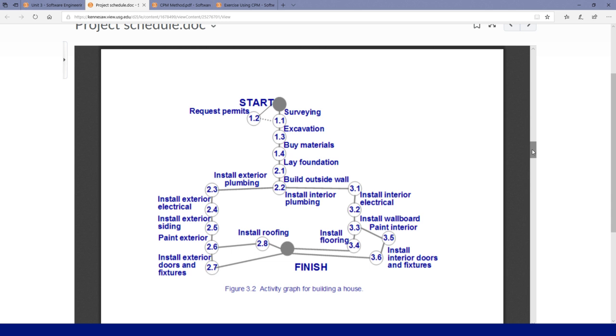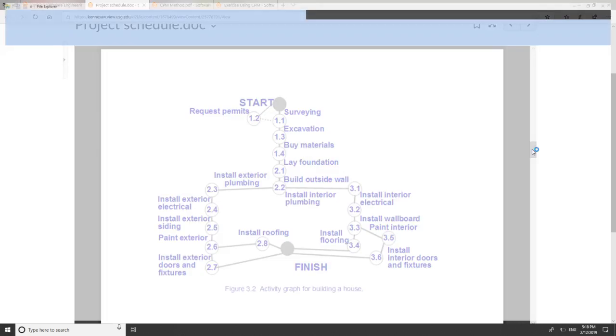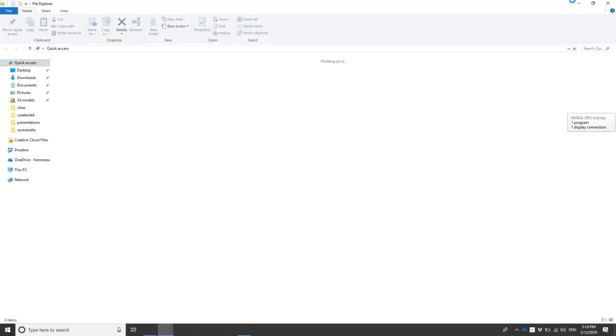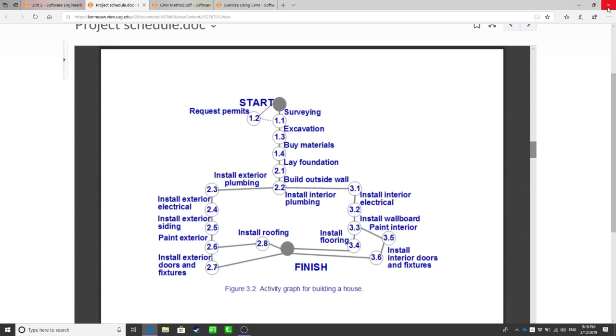Right? Yeah. So how do they go from 2.7 to the finish and then 2.8? Right, the paint exterior. You don't go from 2.7 to 2.8.